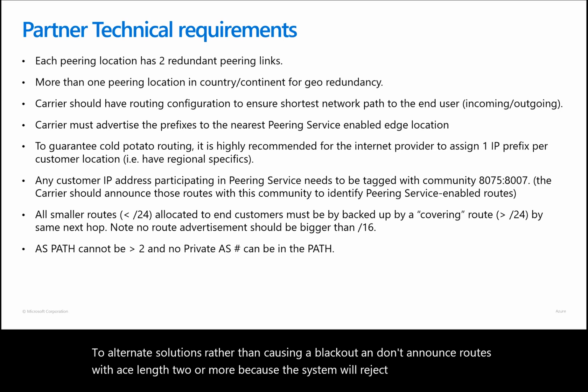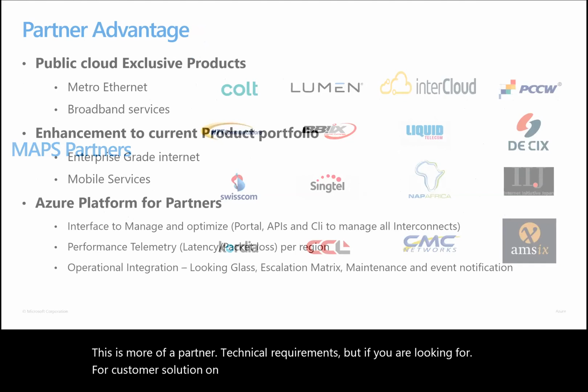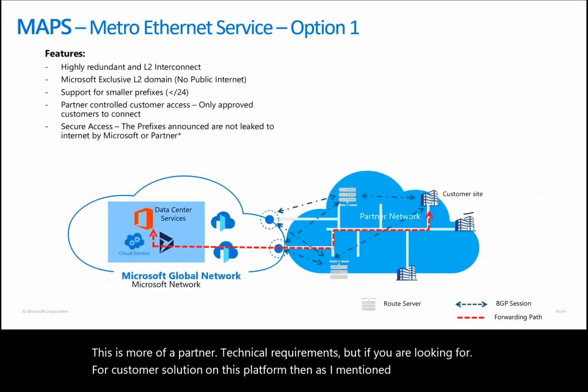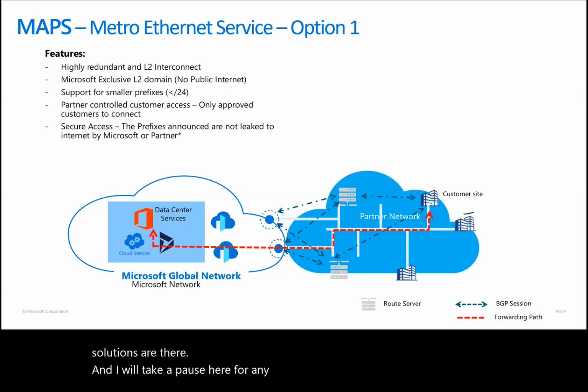That's more of the partner technical requirements. But if you are looking for a customer solution on this platform, then as I mentioned, these two solutions are there. And I will take a pause here for any questions we may have.